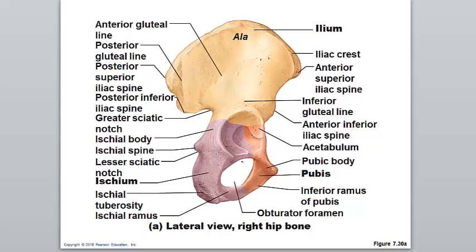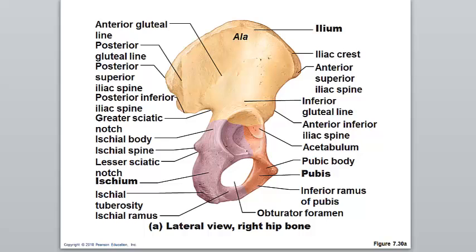All these three bones fuse together to form your pelvic region. You have two hip bones, a right hip bone and a left hip bone. When you get the model, you're going to get a hip bone, not an individual ilium, ischium, and pubis. That's impossible to cut through.